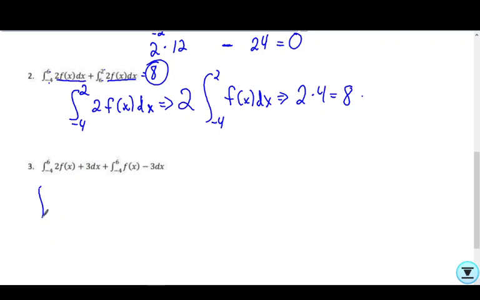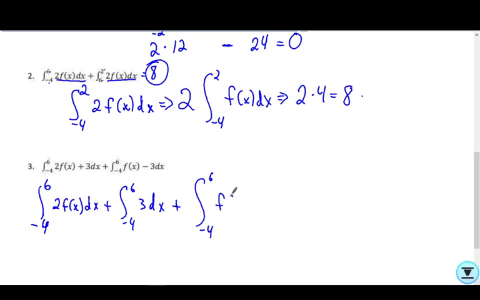So I'm going to get this integral from negative 4 to 6 of 2 f of x dx plus the integral from negative 4 to 6 of 3 dx plus the integral from negative 4 to 6 of f of x dx minus the integral from negative 4 to 6 of 3 dx.